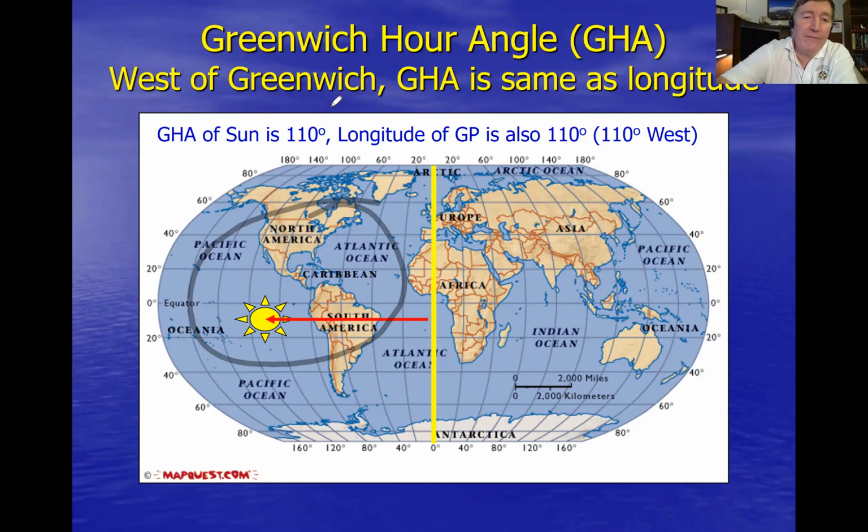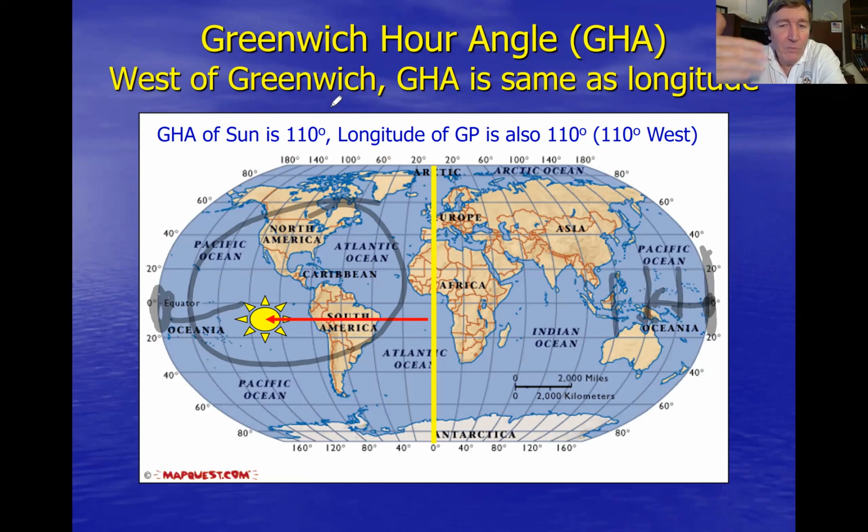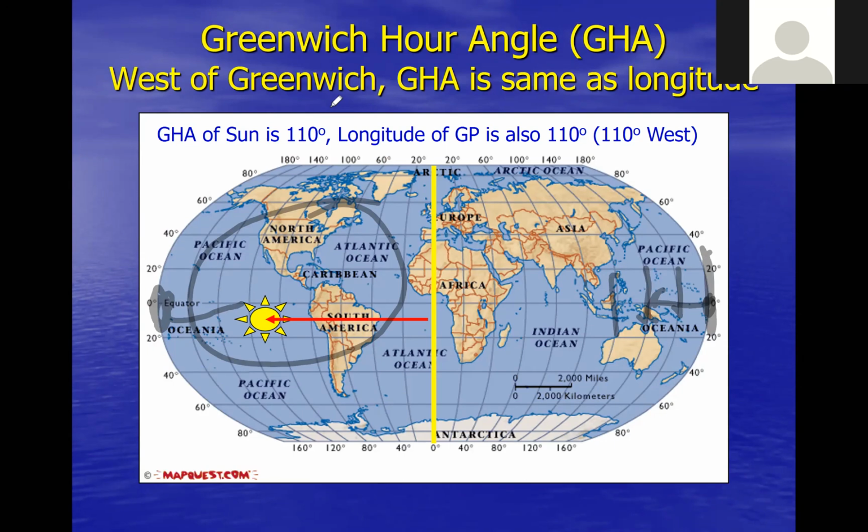But where it gets different is once you get to the international date line. If you keep on sailing west, you've now entered the Eastern Hemisphere. And the way that longitude works is, if you're at the international date line, you're at 180 degrees, and then as you move further west, the numbers start going down. But it's more convenient for celestial navigators if we just keep on counting up.